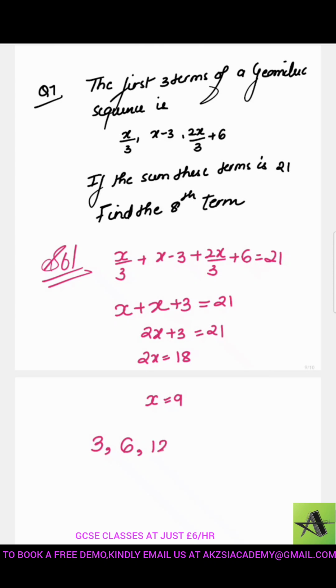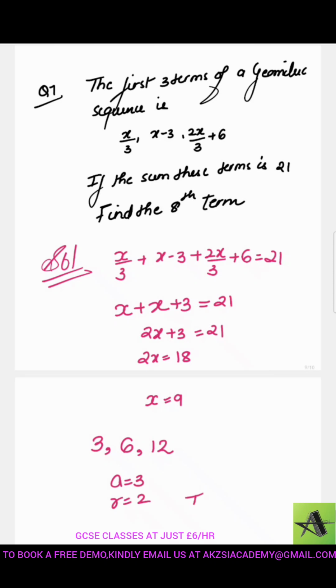So this is our geometric sequence, and I can easily see that every time 2 is being multiplied. See, 3 times 2 is 6, 6 times 2 is 12. So this is our geometric sequence with the first term being 3 and the common ratio being 2.